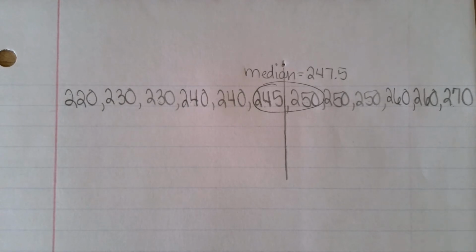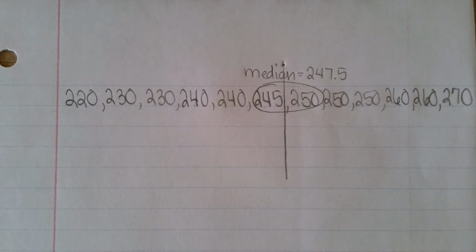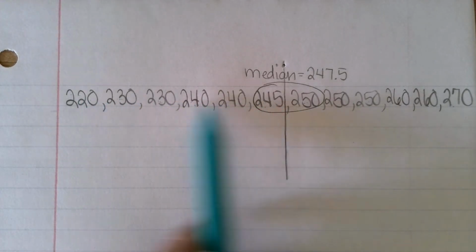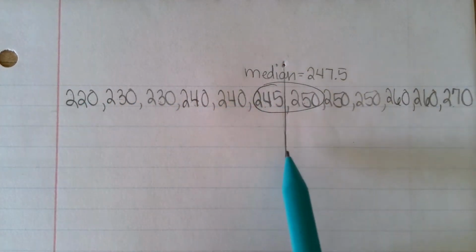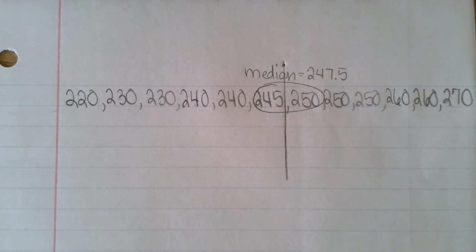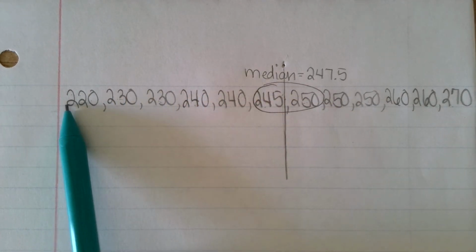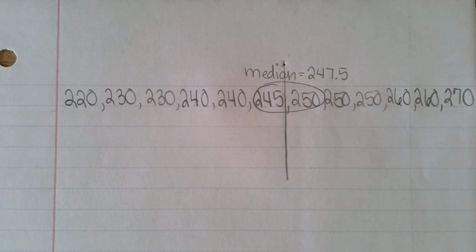Alright, so now the next thing we are going to do is look for quartile 1, which is the median of the first half of the data. We've divided the data into two groups and we have found the median. Now we're going to find the median of the lower quartile, or quartile 1.